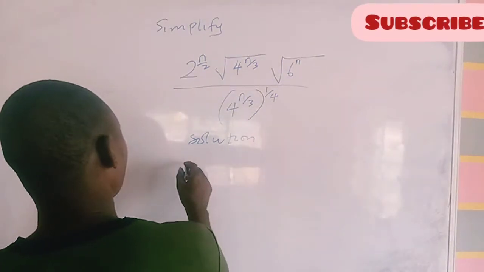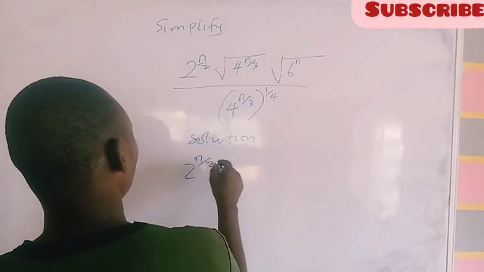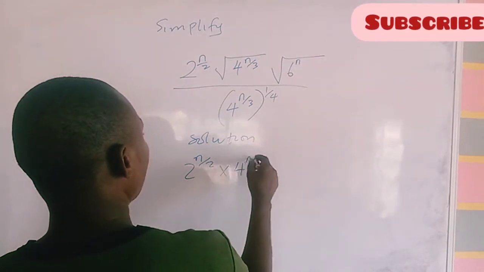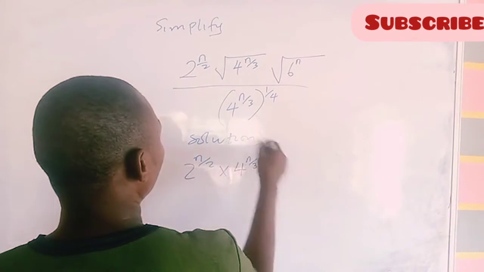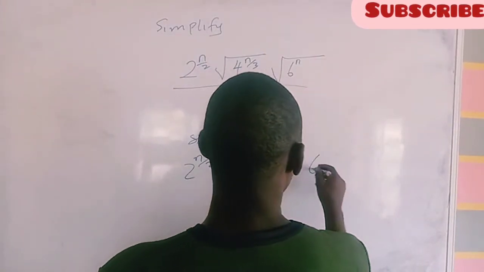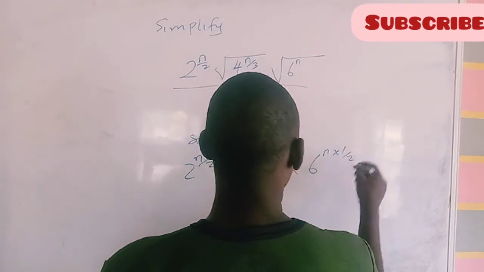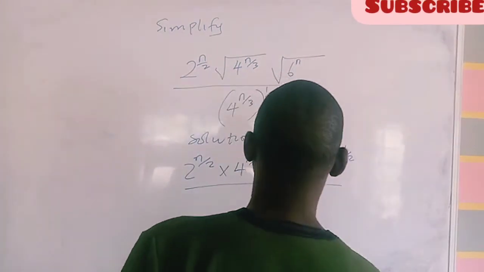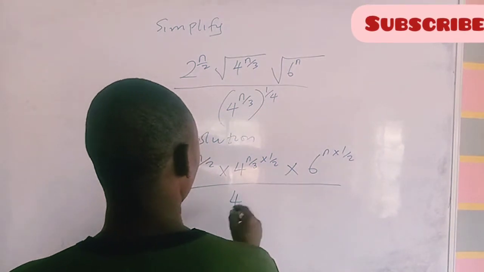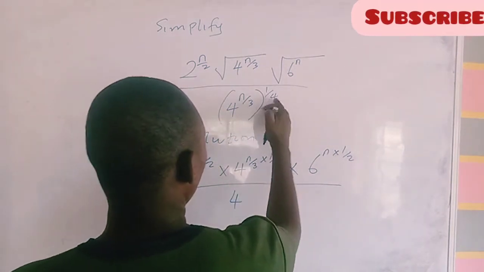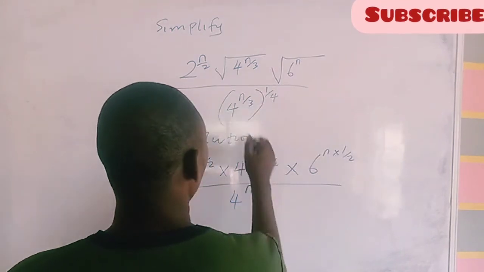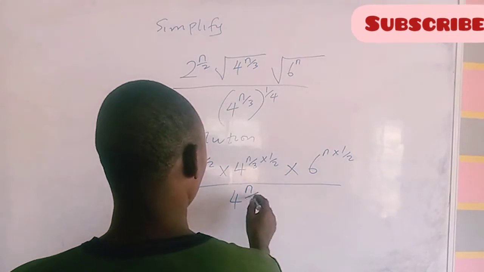So I have 2 raised by n over 2, then times 4 raised by n over 3 times 1 over 2. This 1 over 2 here will be brought in. Then times 6 raised by n times 1 over 2, over 4 raised to power. I told you we're going to multiply. So 1 times n will give us n, 3 times 4 will give us 12.